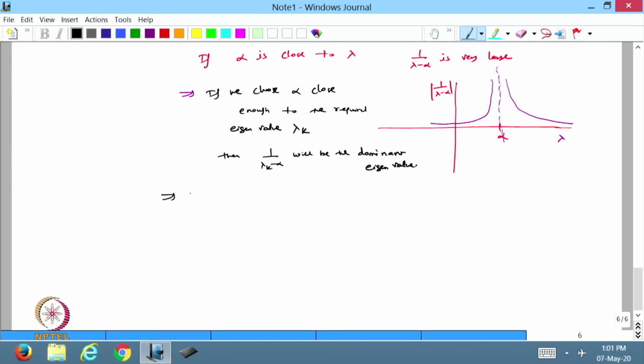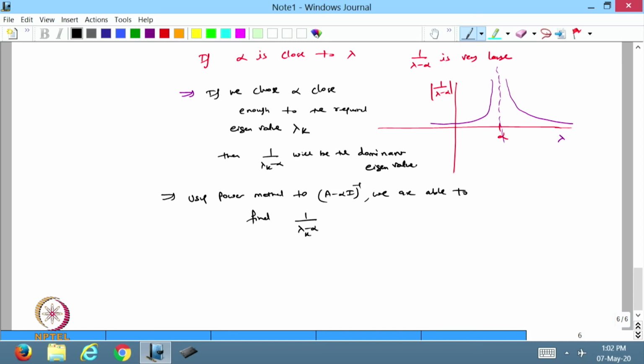So, with the help of the power method applied to A minus alpha I inverse, we are able to find 1 over lambda k minus alpha.